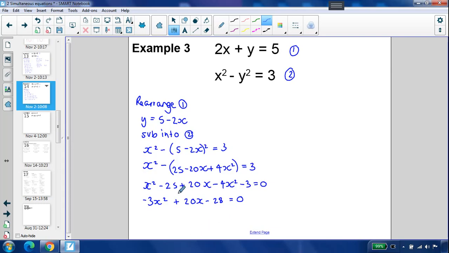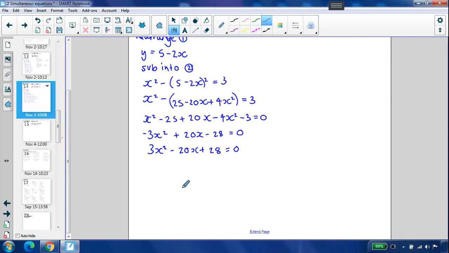Now, I'm going to have to factorise this. There's no common factor, so I'll probably have to work with what I've got. I'm actually going to multiply by minus 1, so I can have a positive x squared to work with. So I'm multiplying by minus 1. And let's factorise this then.